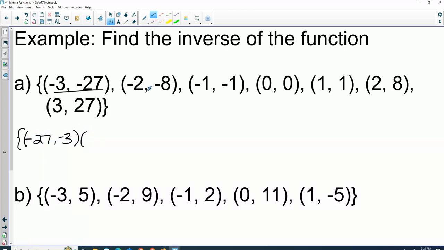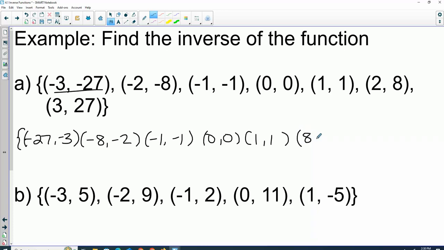Okay, I had the point -2, -8, so that becomes -8, -2. -1, -1. When I flip it, doesn't change. 0, 0 when we flip doesn't change. 1, 1 doesn't change. 2, 8 would become 8, 2, and 3, 27 becomes 27, 3. So it doesn't change the signs, it just flips x and y.